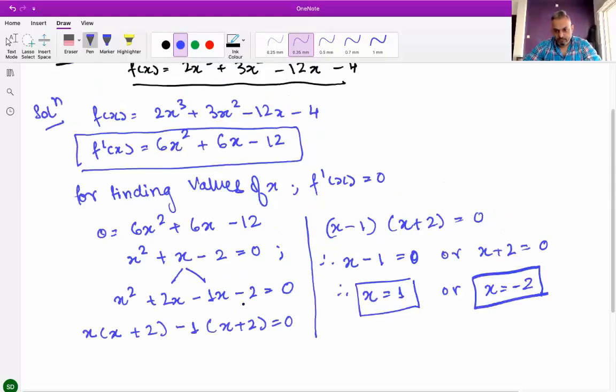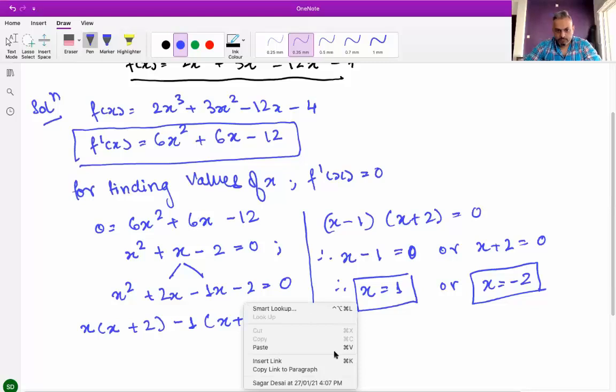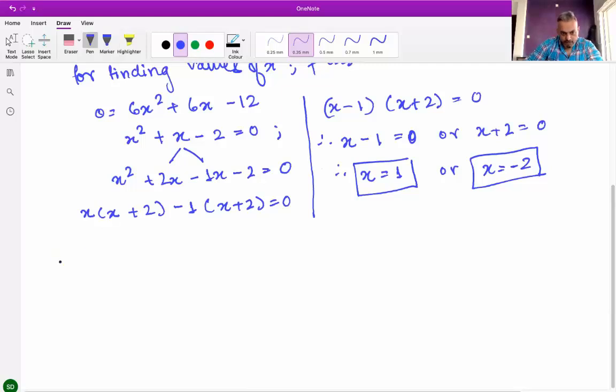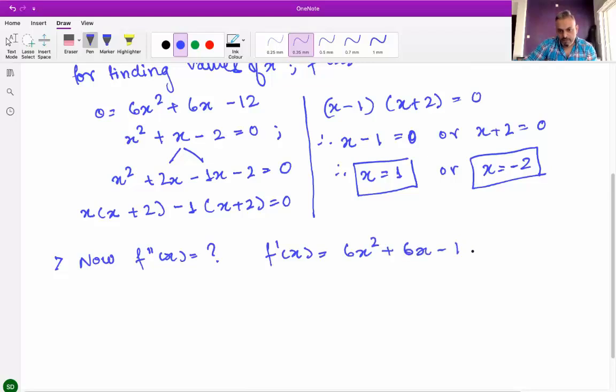Now next, we find the second order derivative. So f''(x) is what we have to find. f'(x) = 6x² + 6x − 12. Therefore f''(x) = 6 twos are 12x + 6.